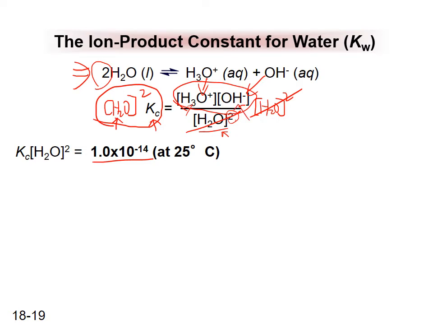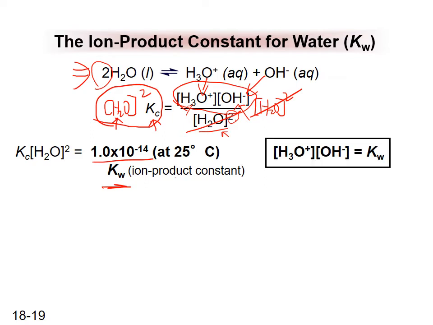Both are ions, and this constant has a name called ion product constant, Kw. Okay, so now we have an equation. The product of hydronium ion and hydroxide ion equals Kw, the ion product constant, which equals 10 to the minus 14.